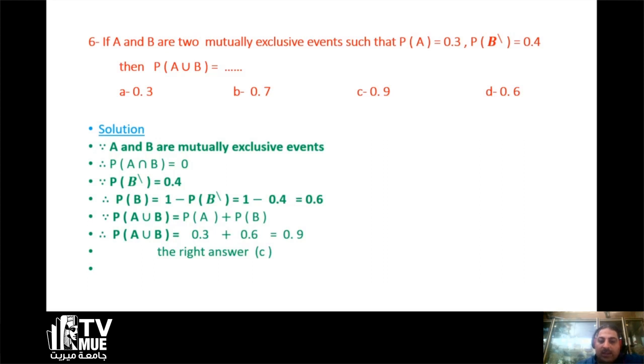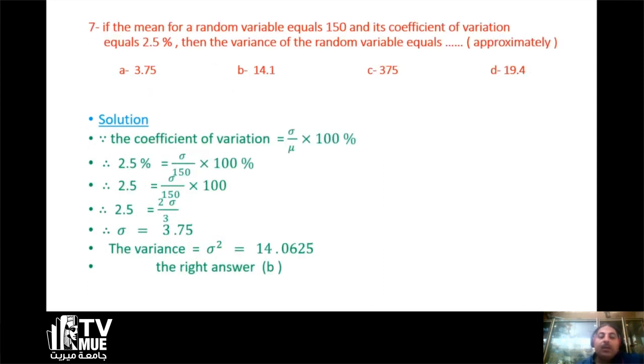The next one: probability of B dash is 0.52, probability of the intersection is 0.32. Find the probability of A intersection B dash. Number 1, the probability of B is 1 minus probability of B dash, يعني 1 minus 0.52 equals 0.48. Probability of A dash, 1 minus probability of A. 1 minus 0.64 equals 0.36. The rule: probability of A plus probability of B minus the intersection.